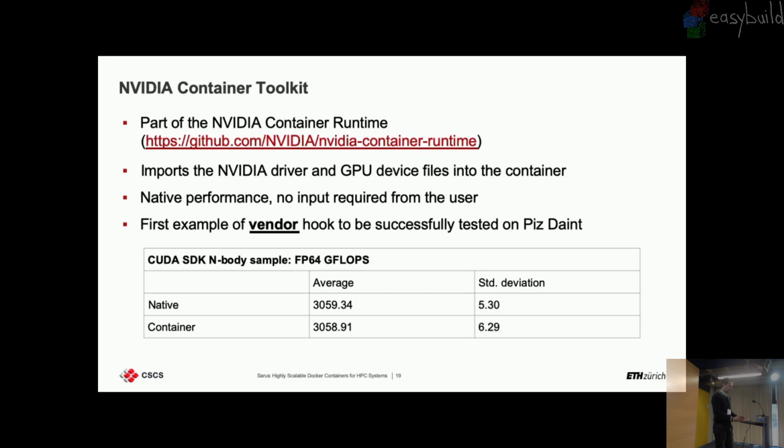In general, it provides native performance without any input from the user, so the use of this hook is completely transparent from the point of view of the user. And as an example, there is here a small test of the SDK n-body sample of NVIDIA for the native versus container runtime, which is compatible within the standard deviation.